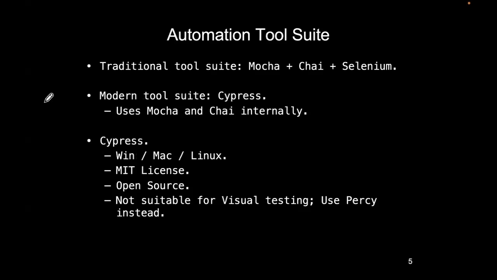In terms of the tool suite that we can use, once upon a time, the tool suite was this combination of Mocha and Chai, which we know about, and a framework called Selenium. That was very popular in the industry for a number of years. But more recently, a framework called Cypress has come on the scene. It's an open source framework, and that's the one that we're going to use.